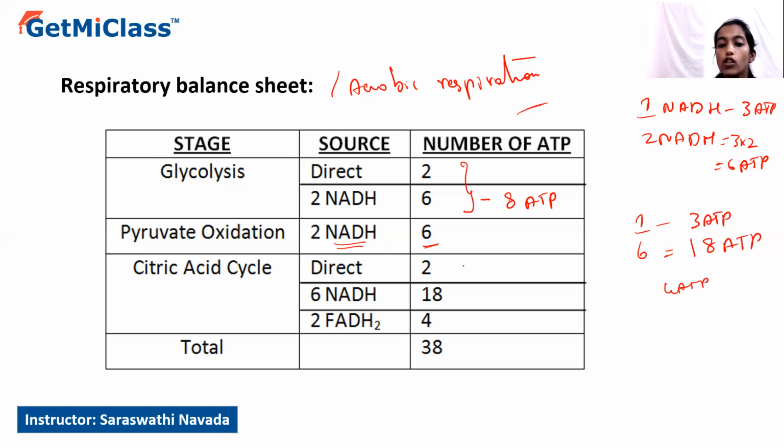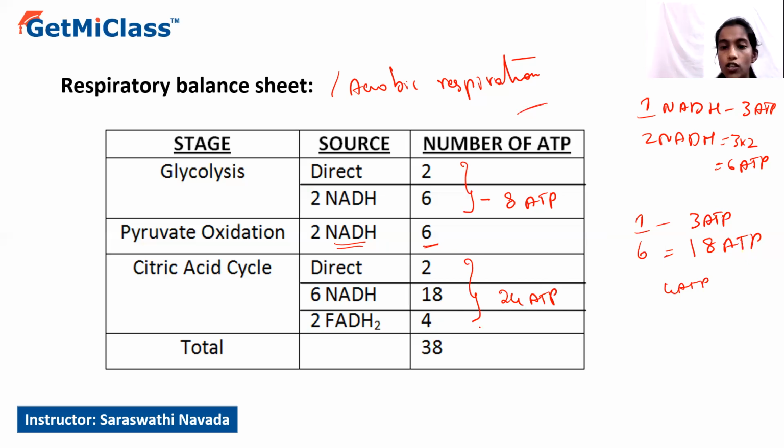Hence, if we look at the Krebs cycle, the total number of ATPs produced will be almost 24 molecules of ATP, and 6 ATP from the pyruvate oxidation.